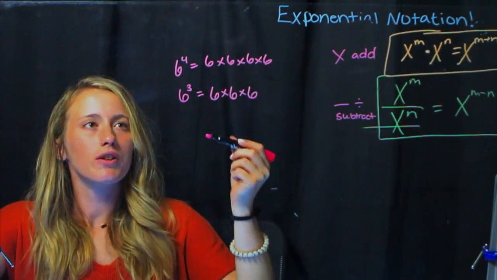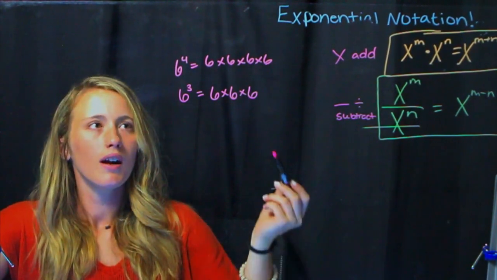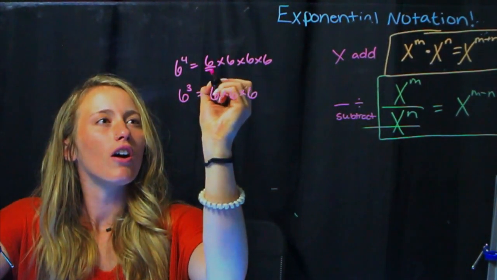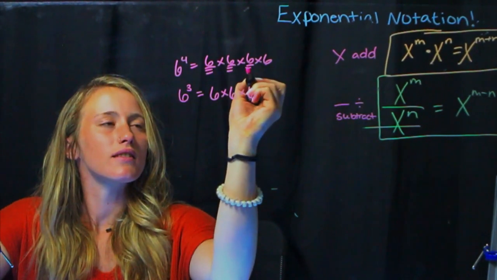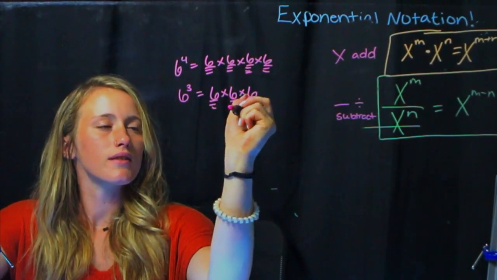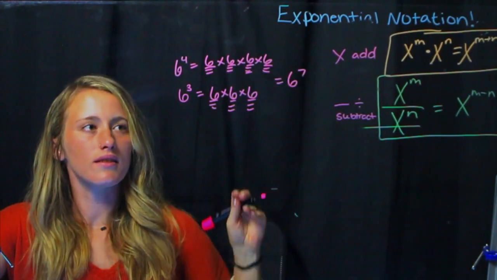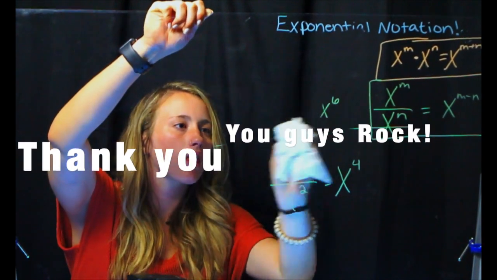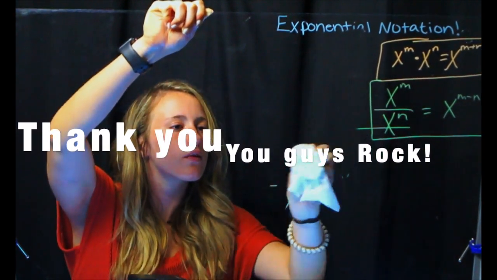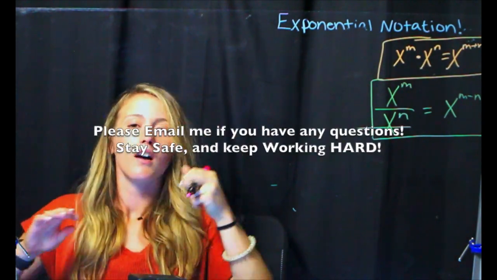Well, now if I want to do 6 to the fourth power times 6 to the third power, I'm just adding all of these 6's. So I have 4 6's plus 3 6's. I now have 7 6's.